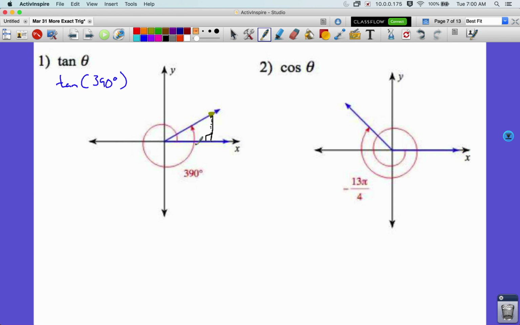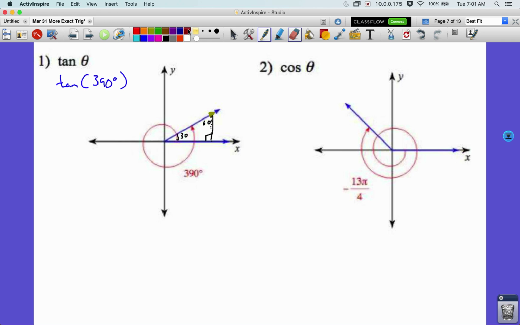It was 360 to get to right here. So the remaining rotation left must be 30 degrees, meaning this interior angle here is 30. And we're sort of at a place with trig where if it looks like a 30-degree angle, it probably is. That's our shortest, a pretty narrow angle, so it's probably a 30. All right, and then this up here has to be 60 because the interior angles need to add to 180.